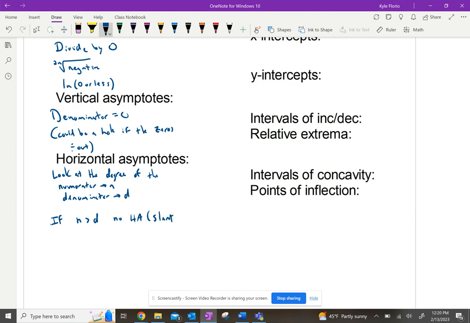There'd actually be something called a slant asymptote, but we're not going to deal with that for now. If the degree on the top is less than the degree on the bottom, then the horizontal asymptote is at y equals 0. And if the degrees on the top and bottom are equal, then it's going to be the ratio of the leading coefficients.